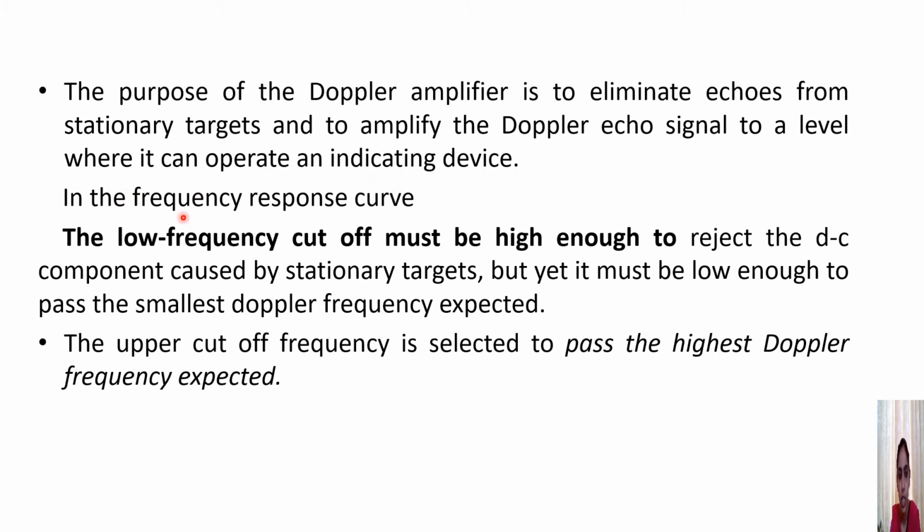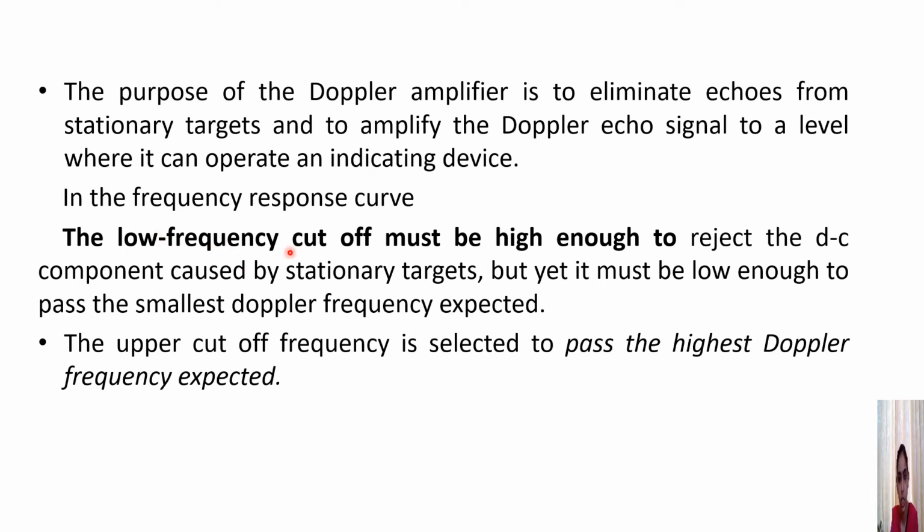And in the frequency response curve, the low frequency cutoff must be high enough to reject the DC component caused by stationary targets, but yet it must be low enough to pass the smallest Doppler frequency expected. So that is the constraint on the low frequency cutoff.